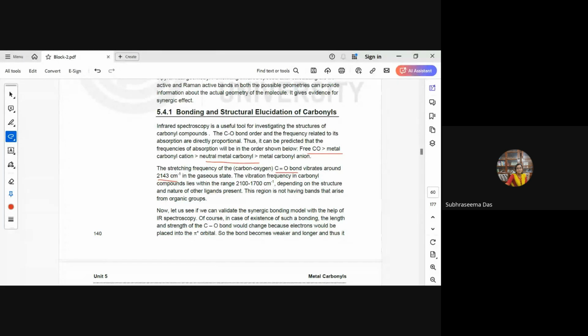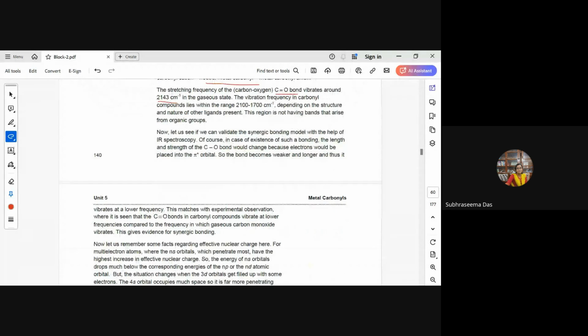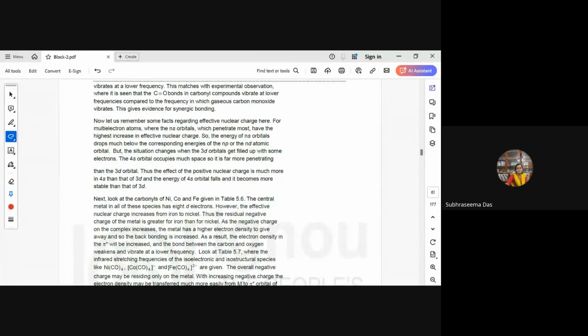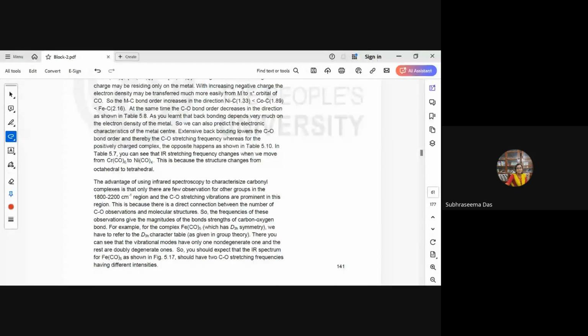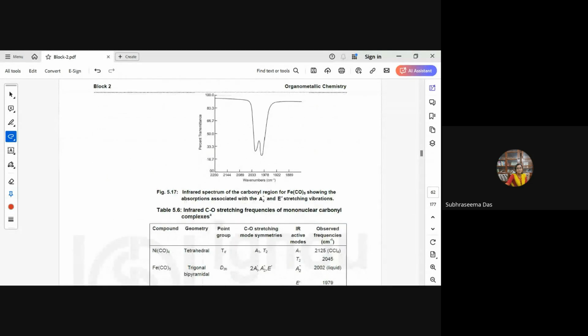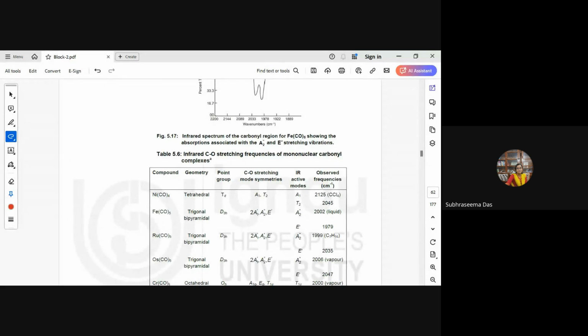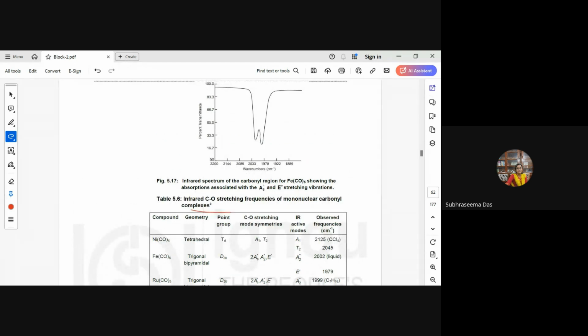Considering the different back bonding in vibrational spectroscopy, table 5.6 gives various infrared CO stretching frequencies of mononuclear carbonyl complexes. By looking at the IR spectrum and assigning the correct frequency, we can find out the actual nature of the carbonyl complexes.